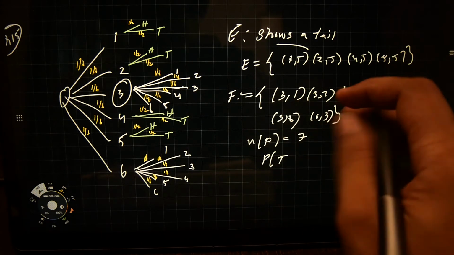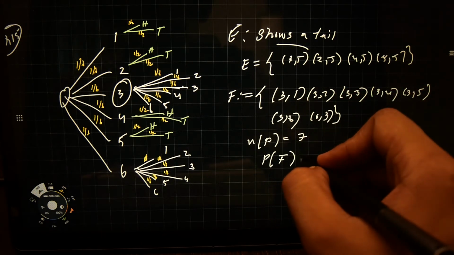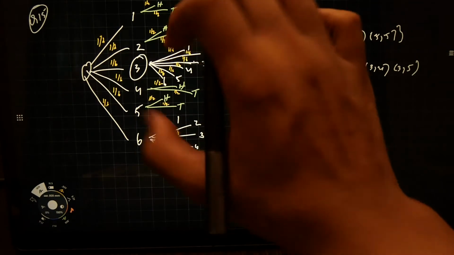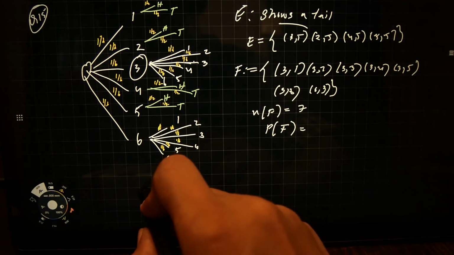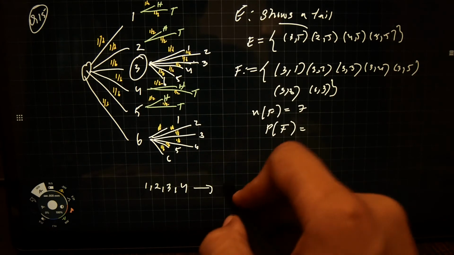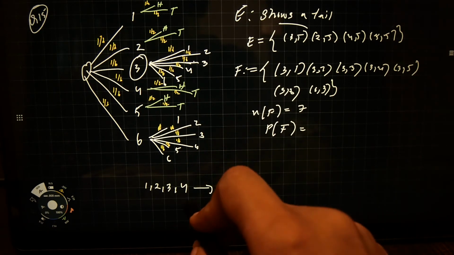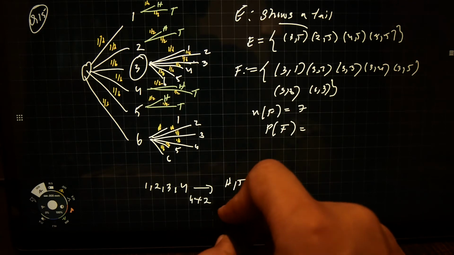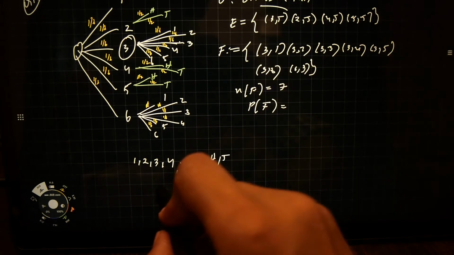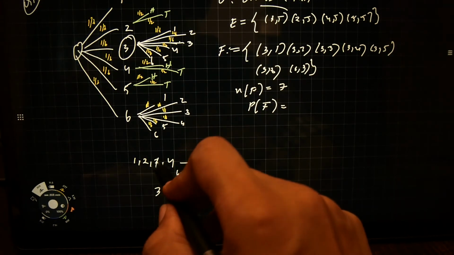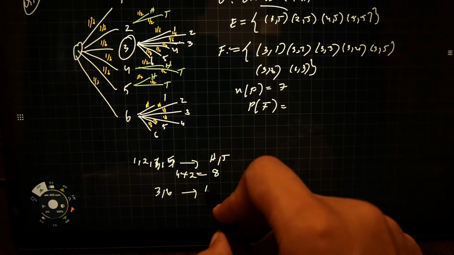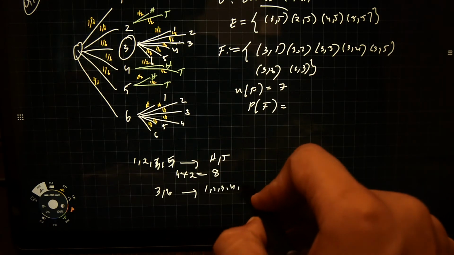If you ask what is the probability of F, for that you need to know the total number of outcomes. For 1, 2, 4, and 5, you will get either a head or a tail. So there are 4 elements giving you 2 outputs each, so that will be 8 here. For 3 and 6, you get another 1, 2, 3, 4, 5, 6.